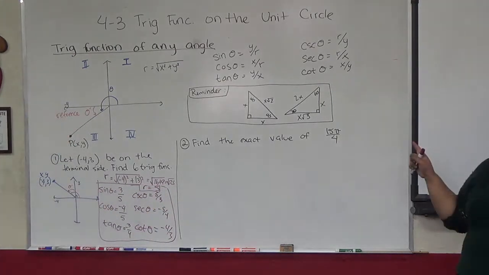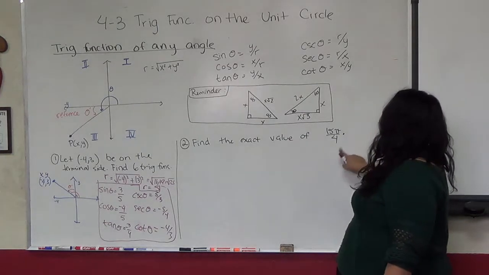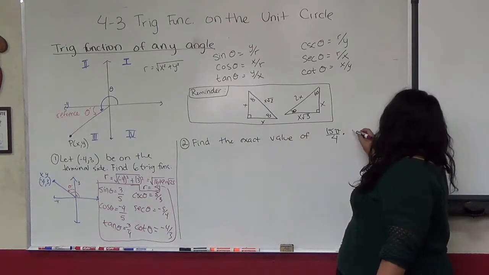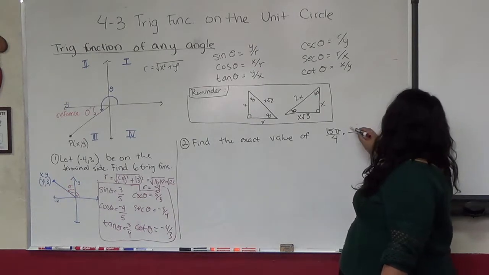More than one circle, right? So what I'm going to do is I'm going to go ahead and just turn it into degrees, just so I can draw it. That means what goes on top and what goes on the bottom? Degrees goes on top. No. 180 over pi. You cancel out.